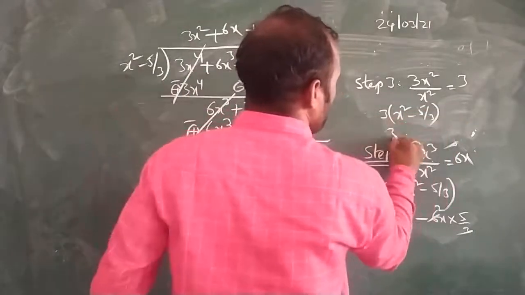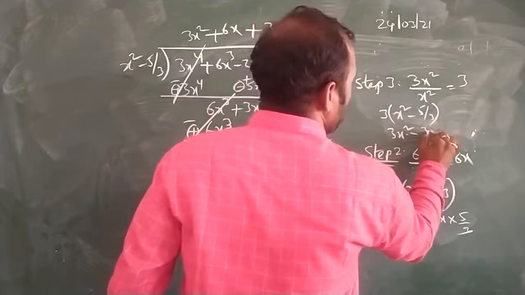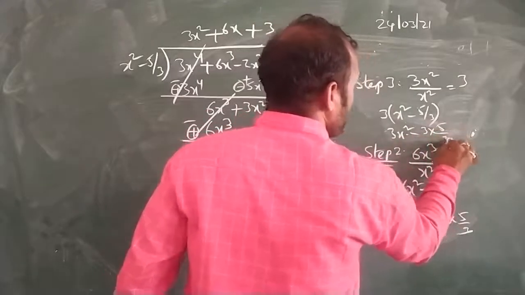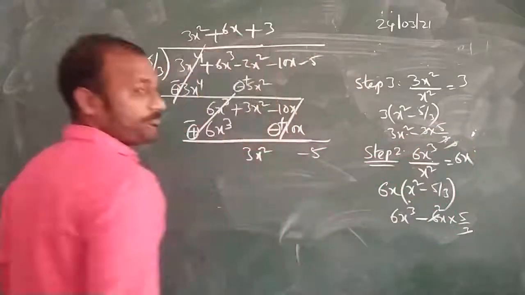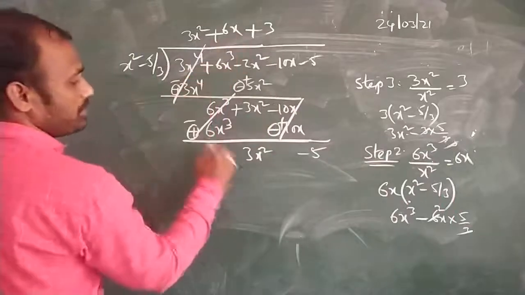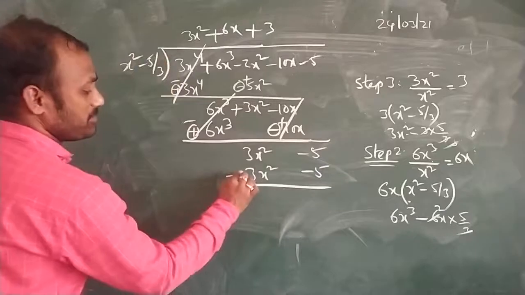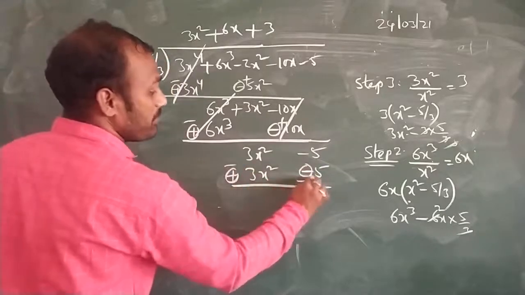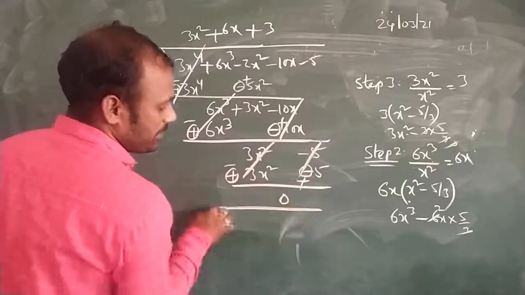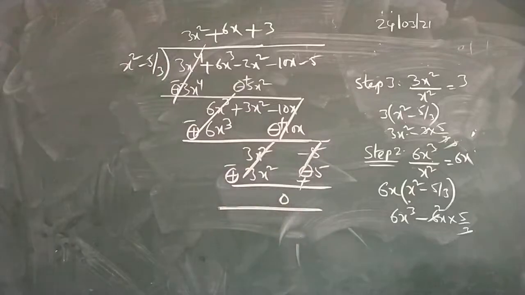That becomes 3x square minus 3 into 5 by 3, where the 3 cancels. So it becomes 3x square minus 5. Change the signs: plus will become minus, minus will become plus, and this will get cancelled. So I got the remainder as 0.